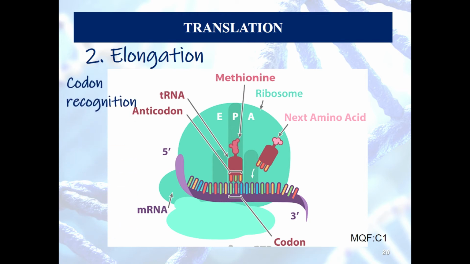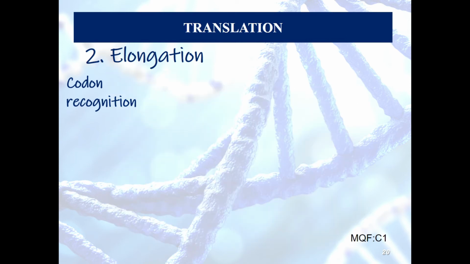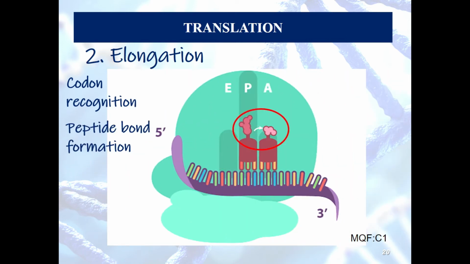During codon recognition, the anticodon of the second amino acid tRNA pairs with the complementary second codon in the A site. Then, a peptide bond between the two amino acids is formed. The reaction is catalyzed by an RNA molecule of the large ribosomal subunit.